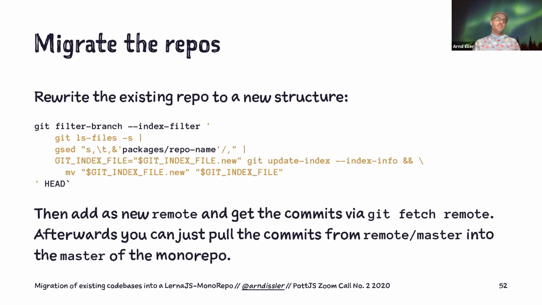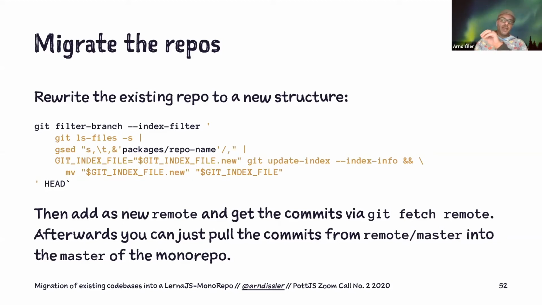This is a neat command I have written, which is iterating over the files and shifting everything into the packages folder under the repo name subfolder, rewriting the Git index file. Then you can use the technique to add it as a remote to the MonoRepo and just fetch it, and then you can pull the remote master right into your MonoRepo, and this should cover everything.